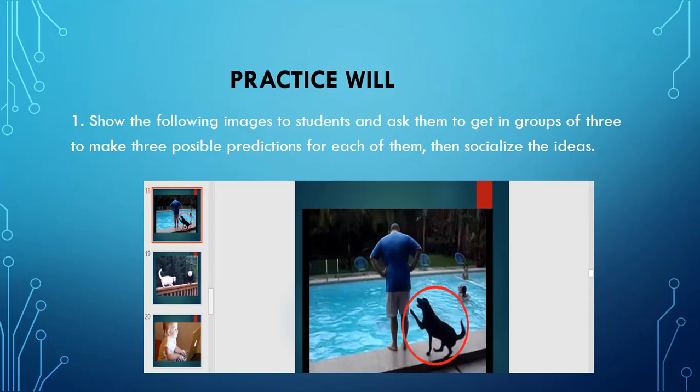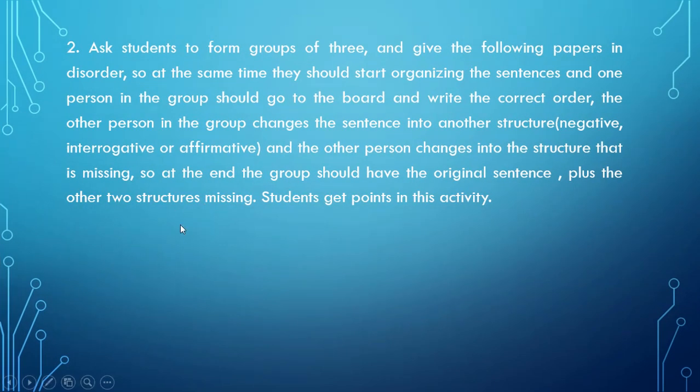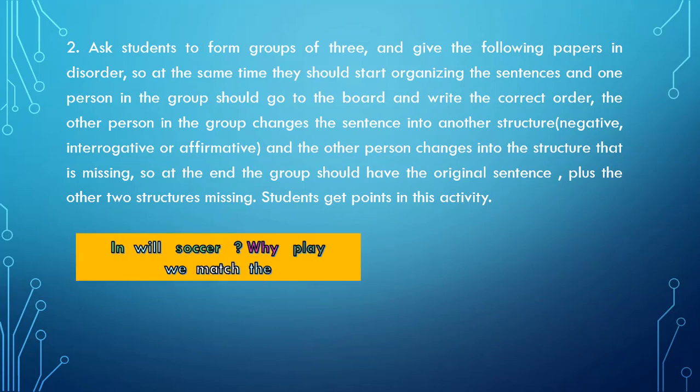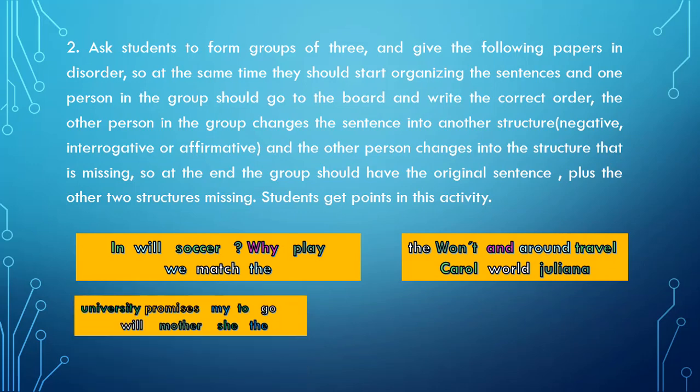Another activity is to ask students to form groups of three and give them the following papers in disorder. At the same time, they should start organizing the sentence, one person, and the group should write it on the board.